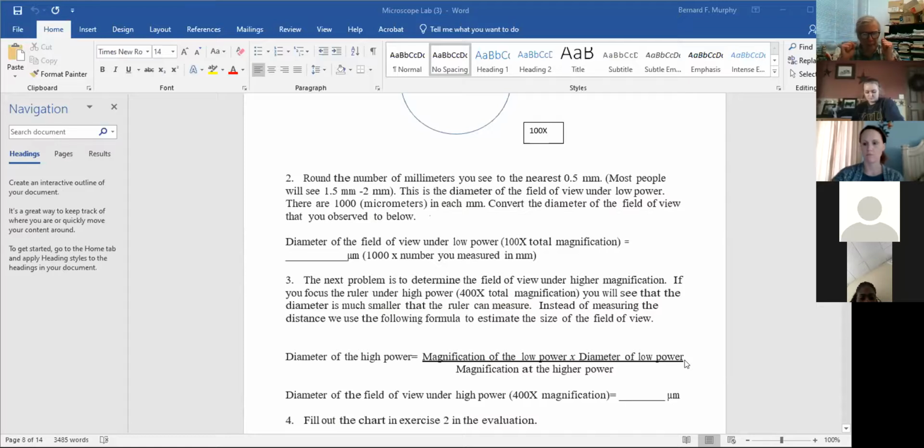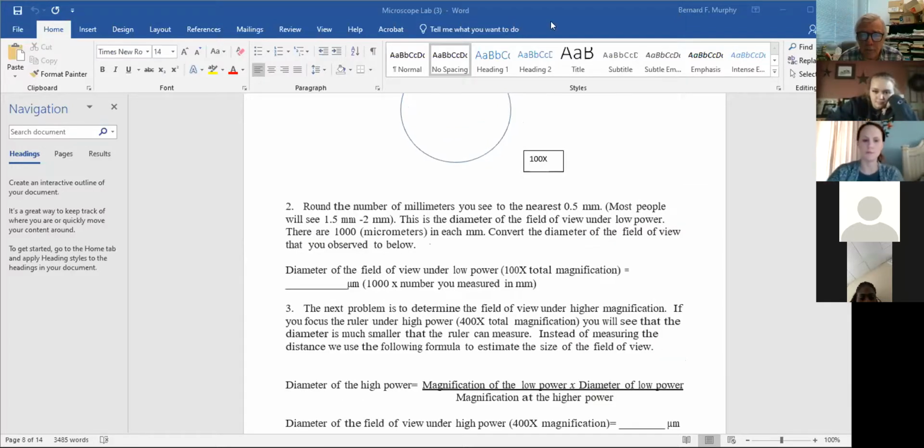You see that? So we calculate the diameter field of view for the high power objective by using that relationship.